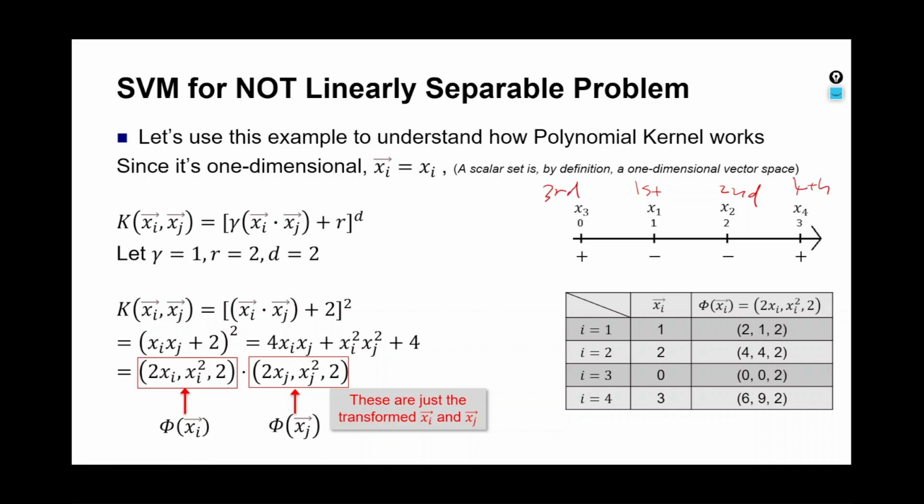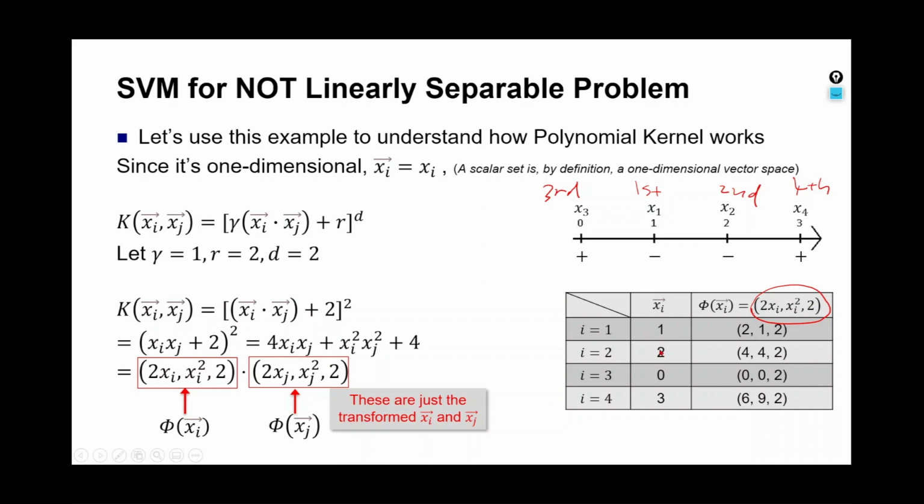For our first sample, the original value is 1. After we do this transformation, 2 multiplied with 1 is 2, 1 squared is 1, and the last one is a constant.